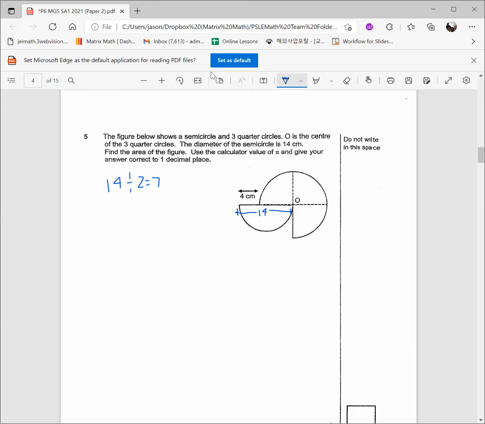So if I use 14 minus 4, I'll get 10. And this will be 10. And 10 will be the radius of the 3/4 circle. So this is 10, this is 10, and this is 10.